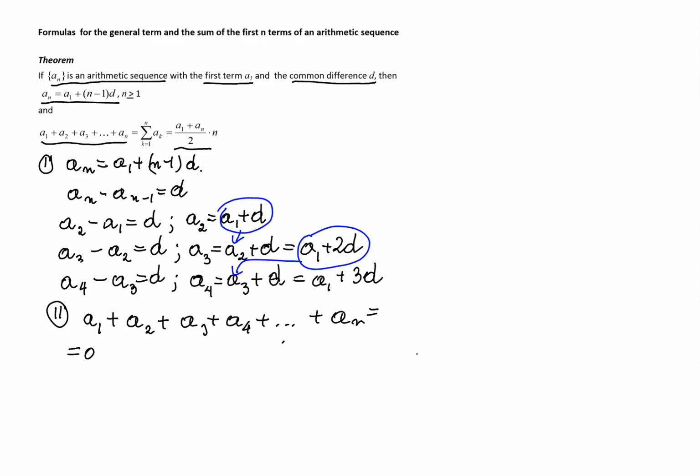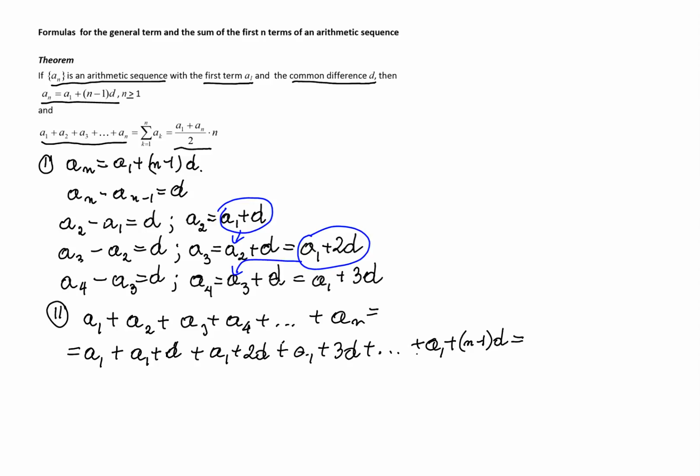We'll write each term using a sub 1 and d, so a sub 2 is a sub 1 plus d, a sub 3 is a sub 1 plus 2d, a sub 4 is a sub 1 plus 3d, and so on. We'll continue that until we arrive at the term a sub n, which is a sub 1 plus n minus 1 times d.